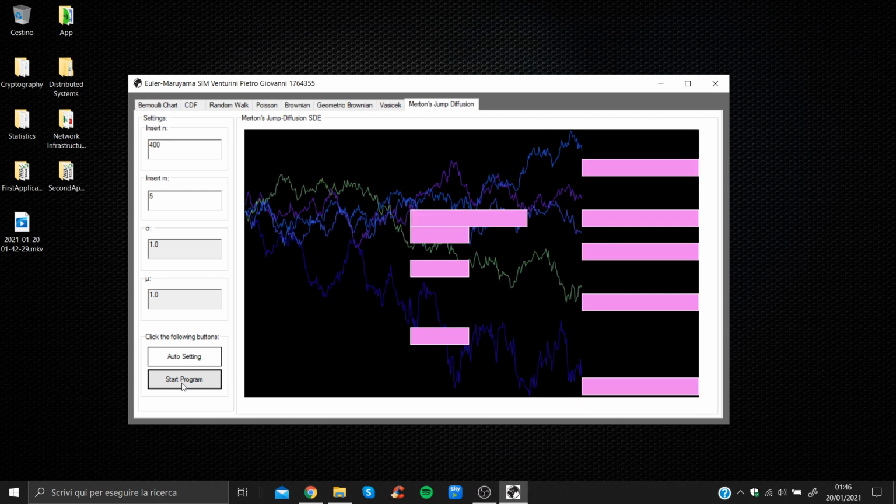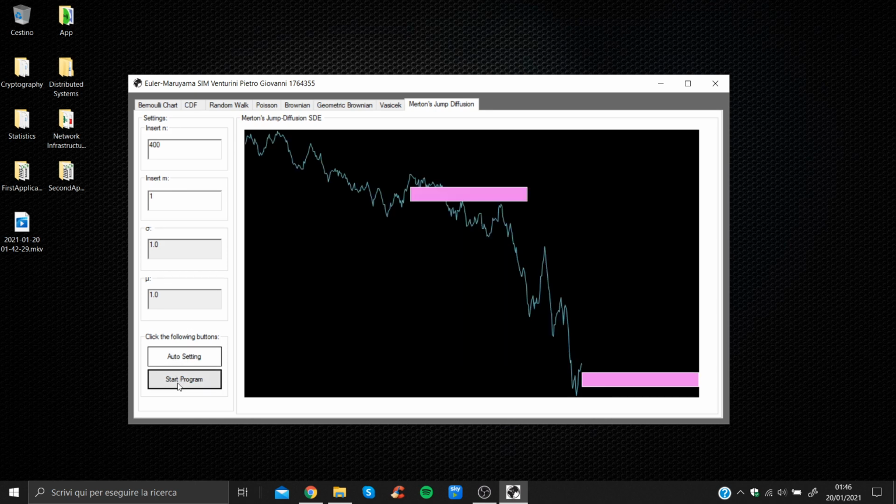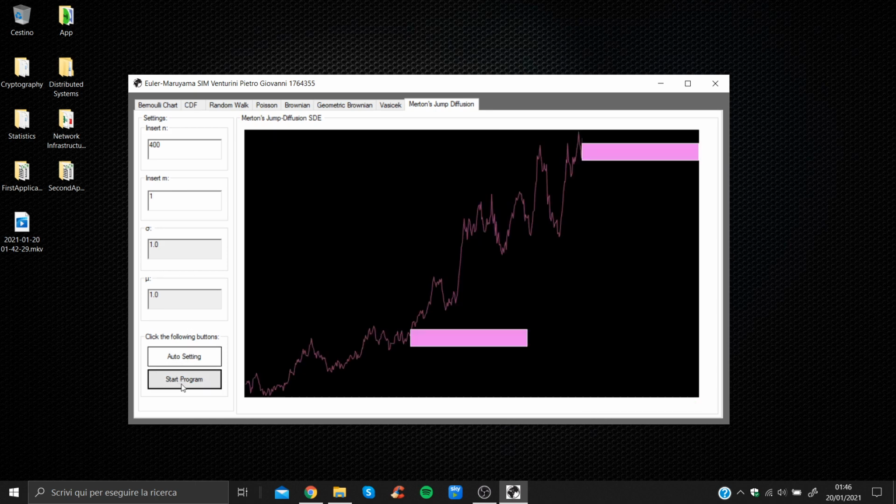And of course, we can choose other values, like only 1. As we can see, this is a representation of the stock price.